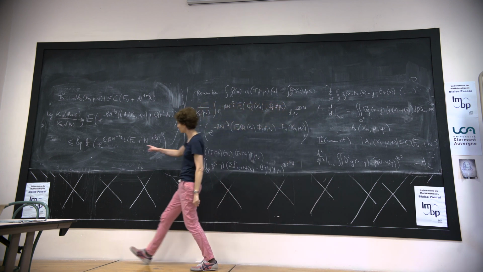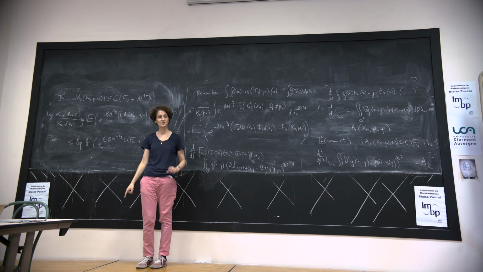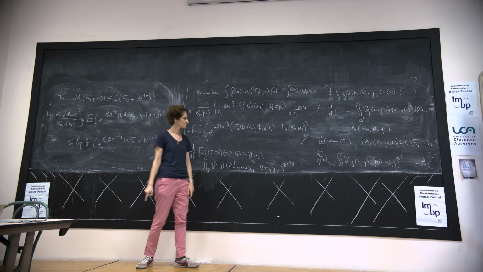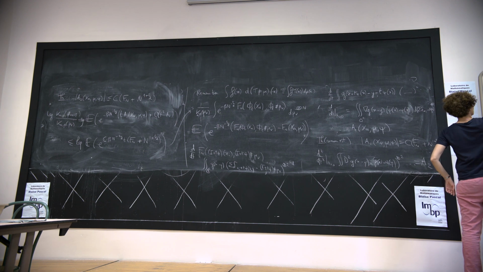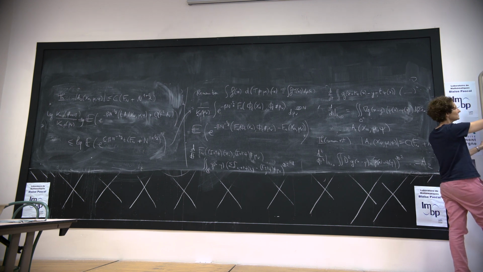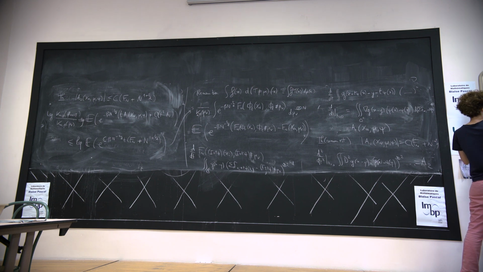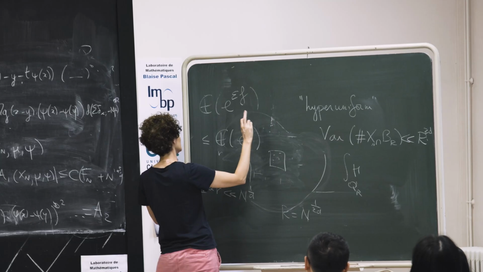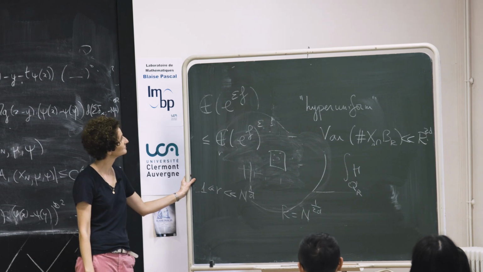So when you have a small power here in the exponent, you can use Holder. So if you have the expectation of the exponential of epsilon f, you can bound it by the expectation of the exponential of f, to the epsilon. Is that correct?